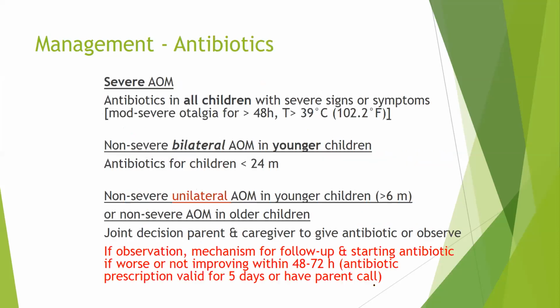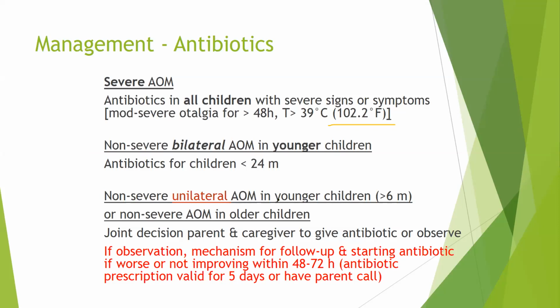For severe otitis media, we are going to treat these children with antibiotics. If they have severe signs or symptoms or systemic features, we definitely want to treat these children aggressively. If there is non-severe bilateral otitis media and they're younger than 24 months, we can give them some antibiotics as well.